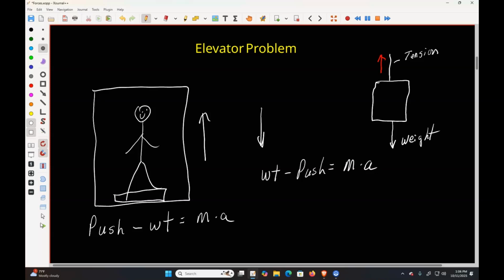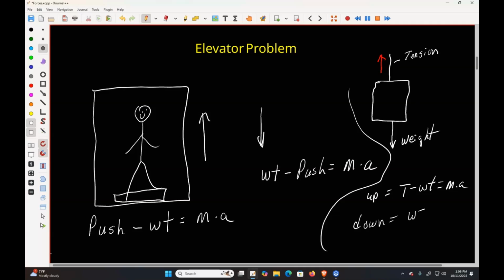But if it is moving up, the tension in the rope is greater than the weight, and if it's moving down, the weight is greater than the tension. We'll use this concept over and over again.